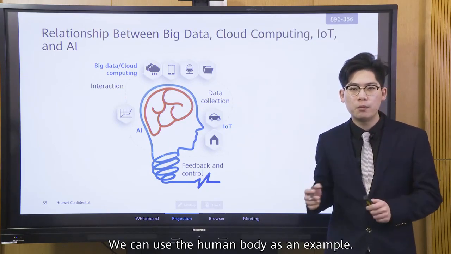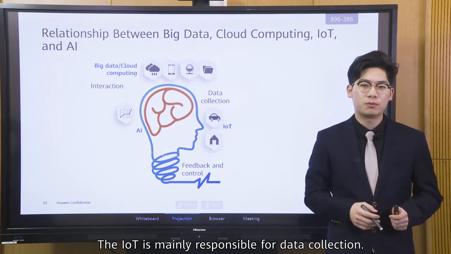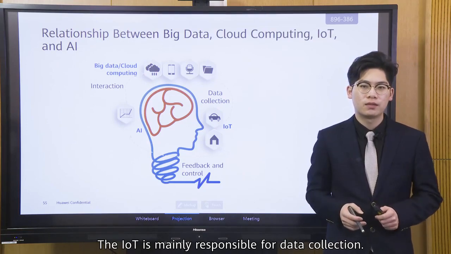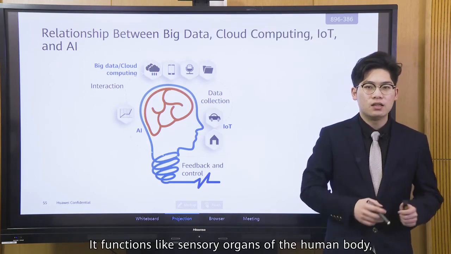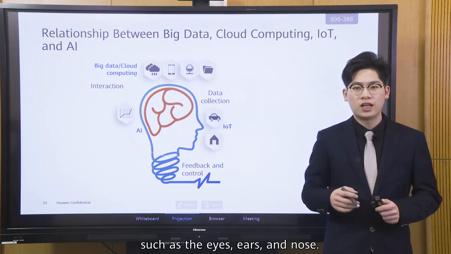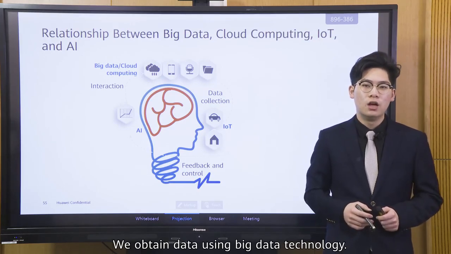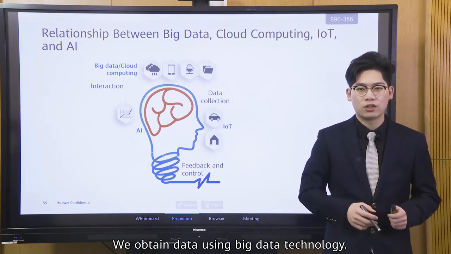We can use a human body as an example. The IoT is mainly responsible for data collection. It functions like sensory organs of the human body, such as the eyes, ears, and nose. We obtain data using big data technology.